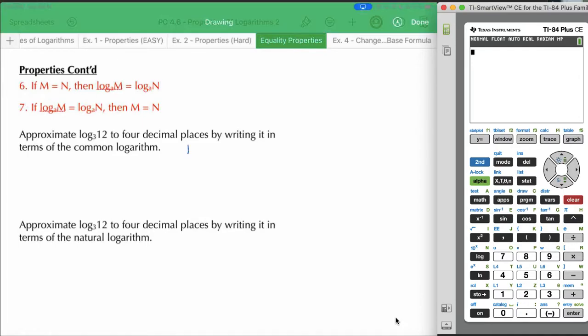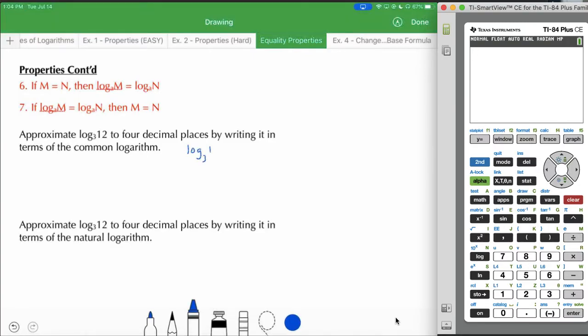So think of it like this. What I'm trying to do is see what log base 3 of 12 is equal to. Okay. Now you can kind of reason this out. You're saying that 3 to what power equals 12. That means this is going to have a value somewhere between 2 and 3 because I know that 3 squared equals 9 and I know that 3 cubed equals 27.